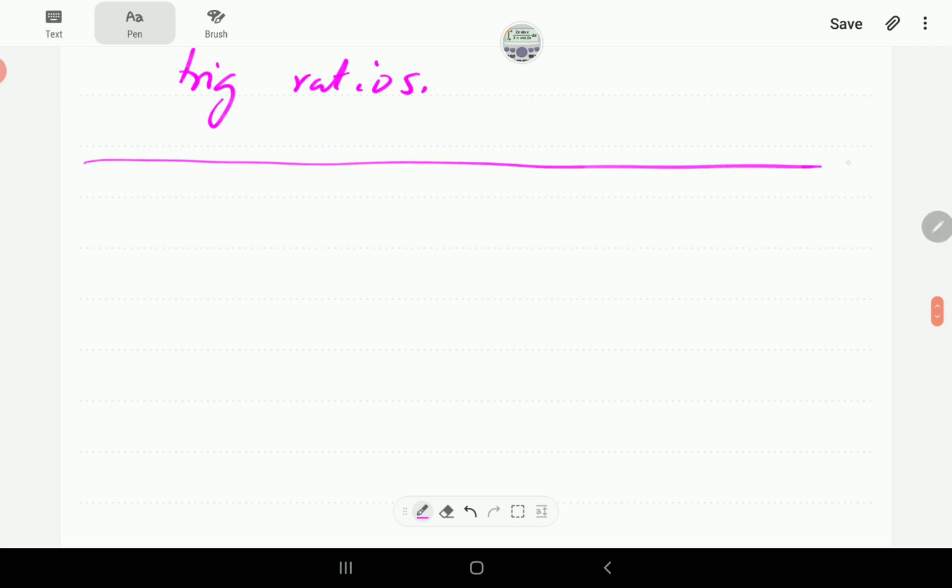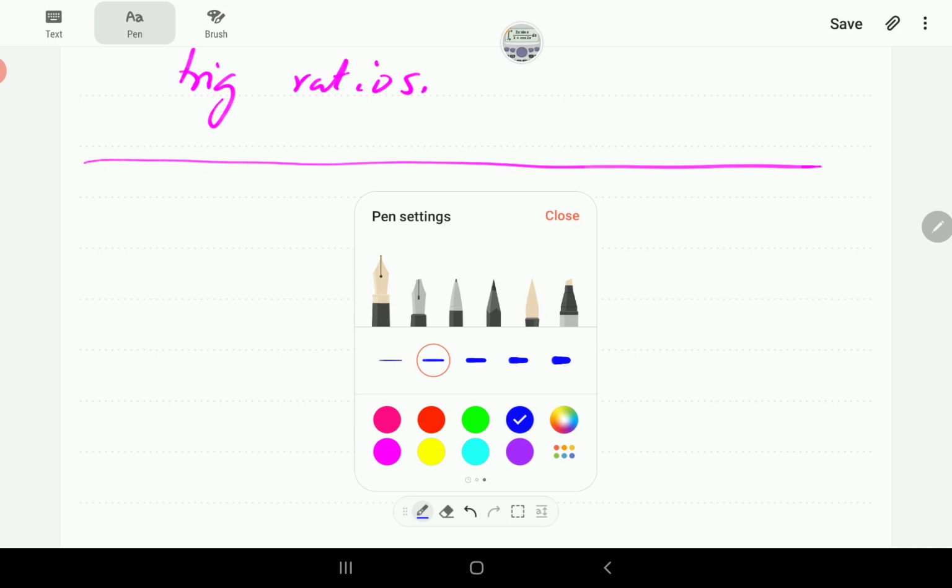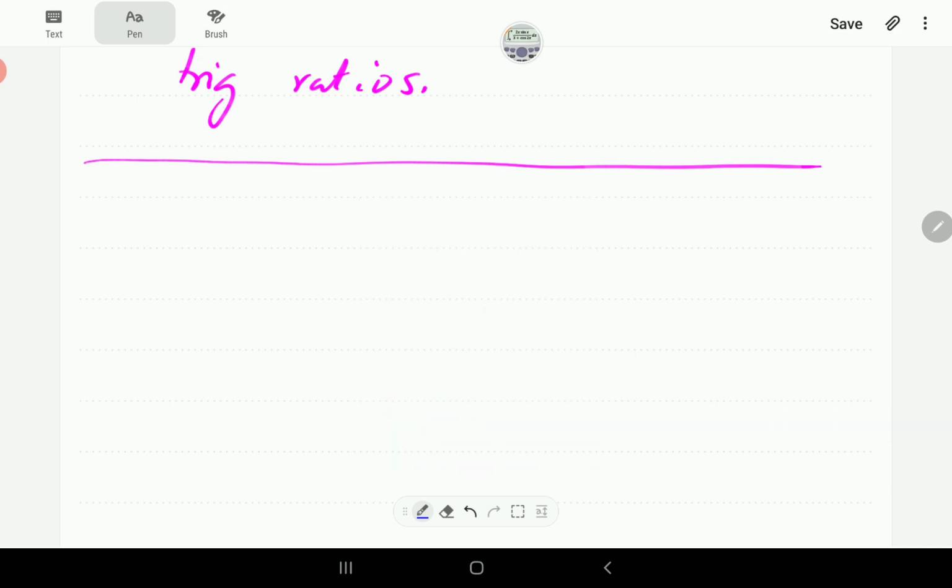The next thing that's going to be important we're going to look at is something called the reference angle, which we call ref theta.